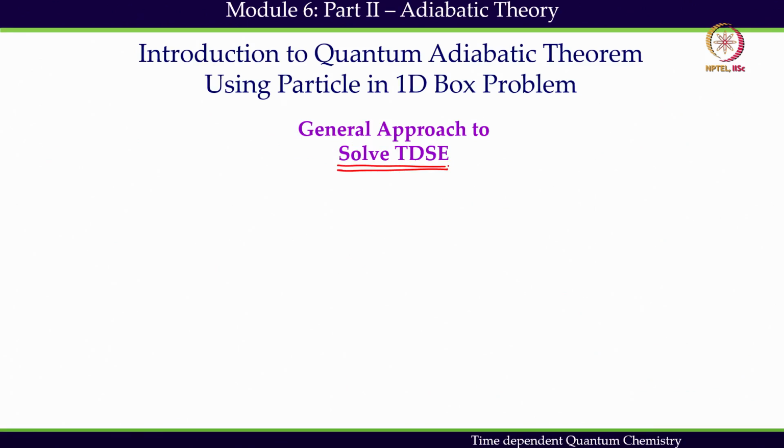How do you solve TDSE? This is something which you should remember, because for an unknown system, if we want to solve some dynamical problem, the problem should be viewed this way. This approach is called Schrodinger's approach. We will use this very common approach to solve the dynamical problem.